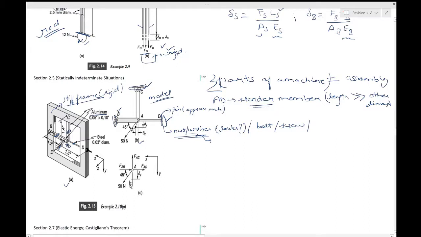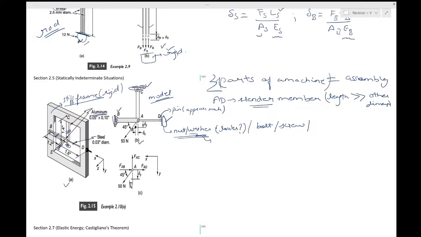So the idea is because of the nut and washer on this D and it being a slender member, you are assuming it to be a pin joint. And why are we trying to get a pin joint over here? Because it is easy, we are comfortable. We have already seen that despite having friction in a pin joint, you can exclude the contribution due to the moments due to that friction, since the dimensions of the pin are quite small.